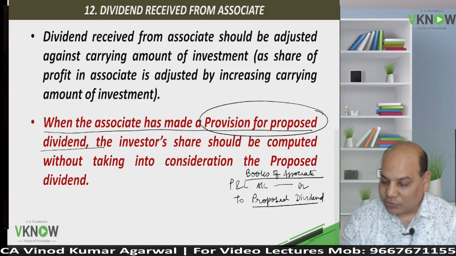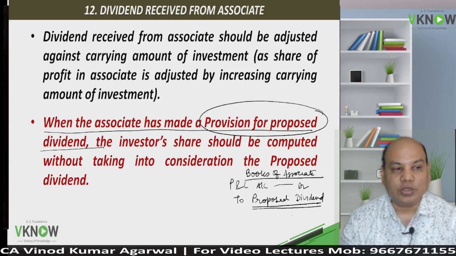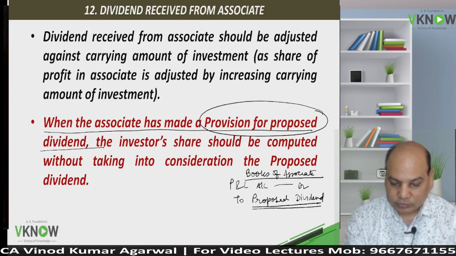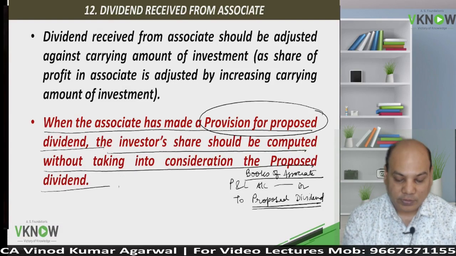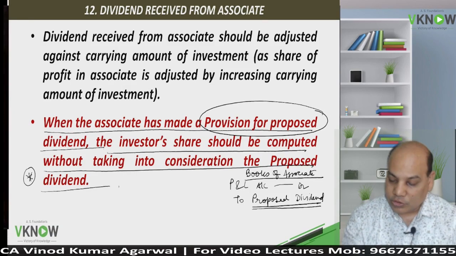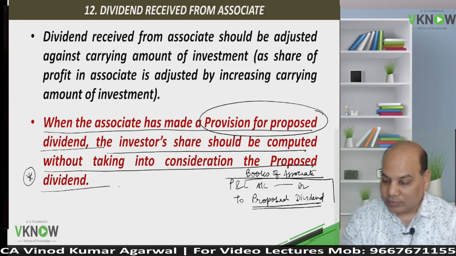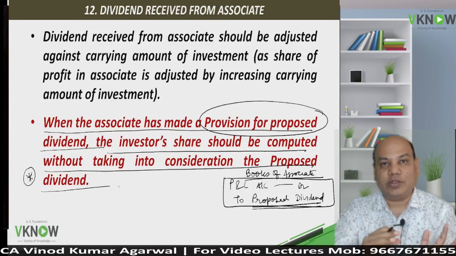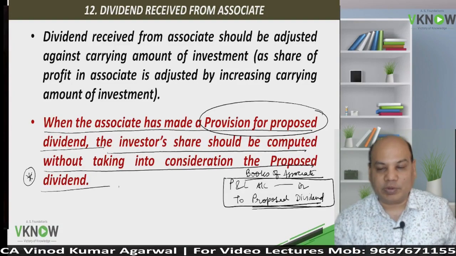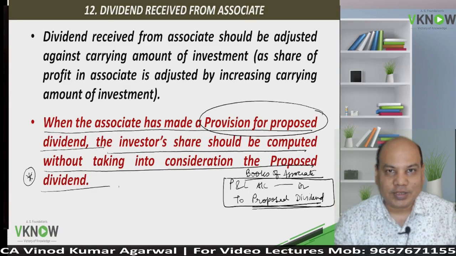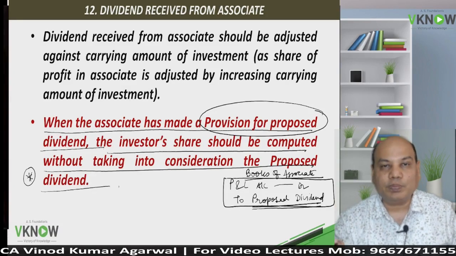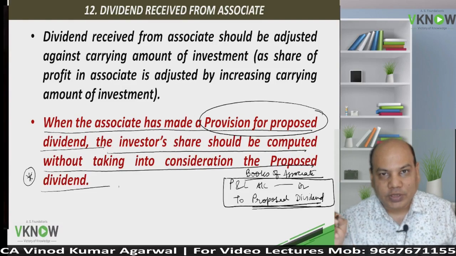So in the balance sheet, proposed dividend is appearing on the liability side. Investor share should be computed without taking into consideration the proposed dividend. Very important, because the dividend is not yet paid. Only a provision has been made. The bank balance has not reduced. The net asset has not reduced. So while computing the profit of the associate, ignore this entry.